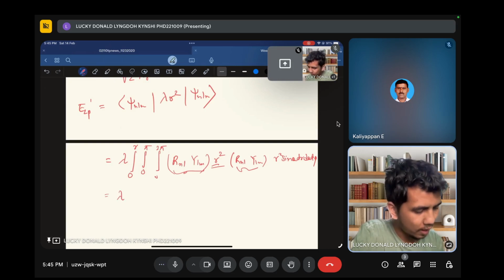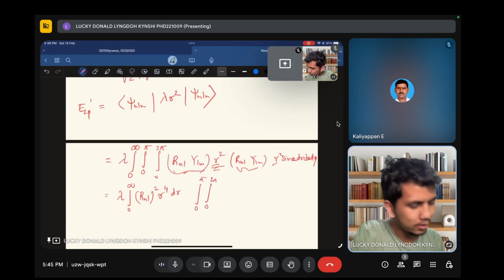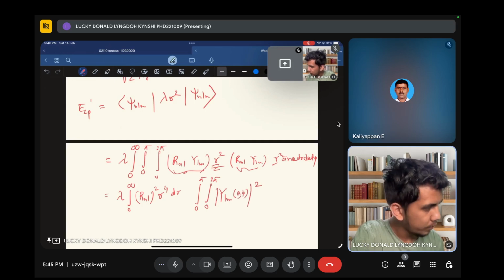So you can write r from 0 to infinity, R n l whole square, and this is r square, this is r square, so we get r to the power 4 dr, and again 0 to pi, 0 to 2 pi, because this term consists only of the theta and phi part. You can simply write Y l m square, sine theta d theta and d phi.